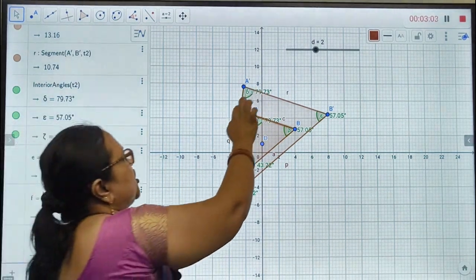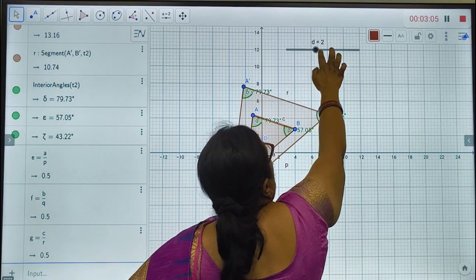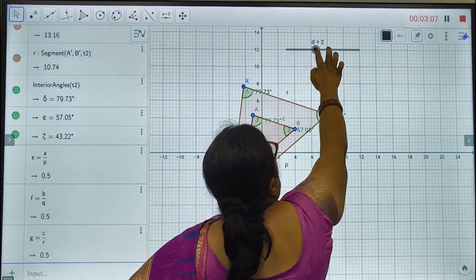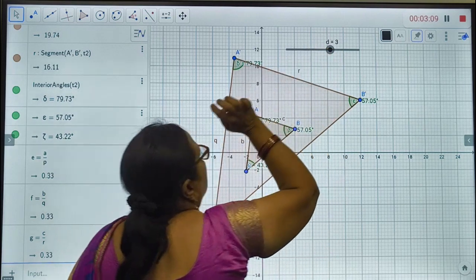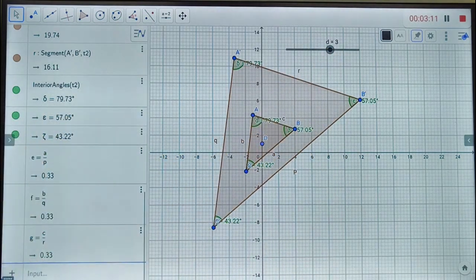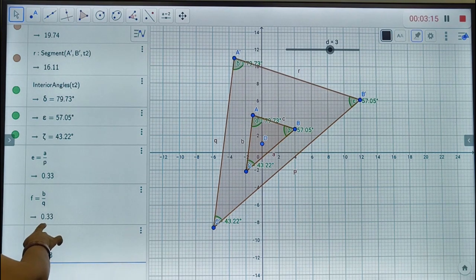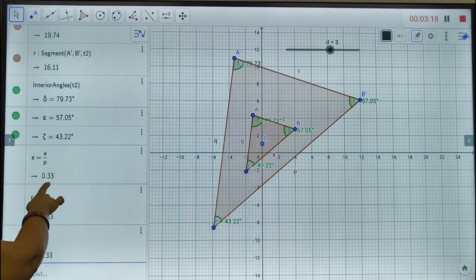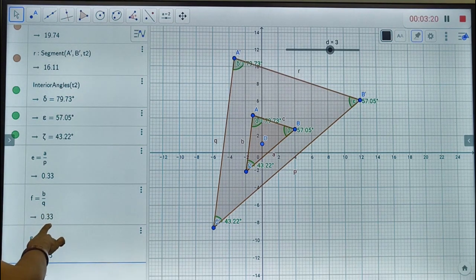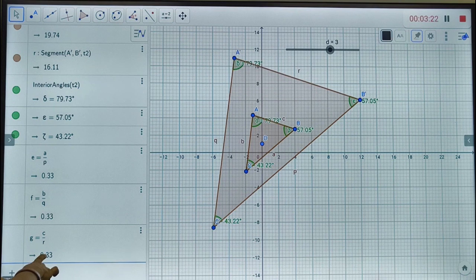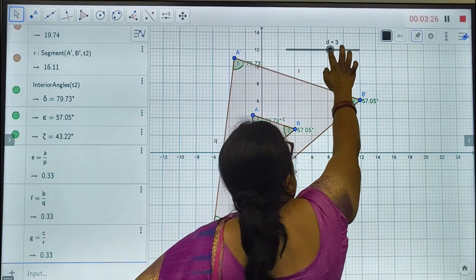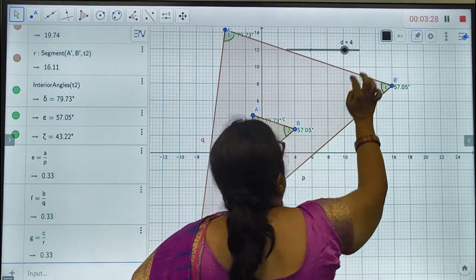Now I'm going to change the value of D. Now D is 3. I'm changing the scaling factor. Now what do you observe? Again A by P is 0.33, B by Q is 0.33 and C by R is 0.33. So even if I change the values of D, the ratios are maintained.